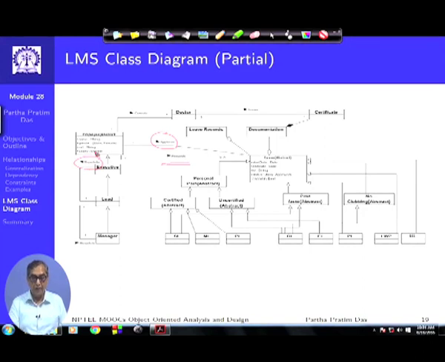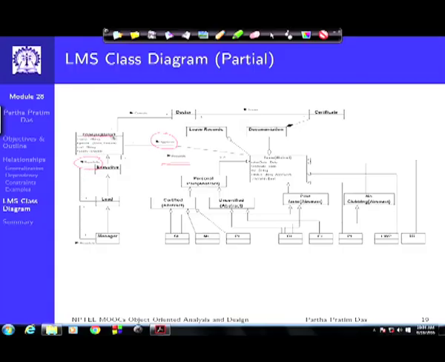I have not done that, just left it open so that you could take it up and complete the diagram further, because certainly the leave of an employee is approved by another employee. That is because it is an abstraction. An executive is an employee, and a lead is also an employee. So, if you read it that way, the approval basically means an employee is approving a leave which belongs to yet another employee.